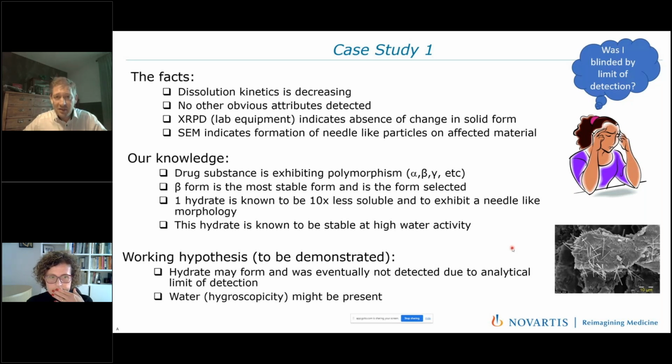But before going into the preventive actions, we need somehow to demonstrate by direct means that the drug product is getting contaminated with the hydrated form. And this is where I took my phone and gave a call to Fabia, asking her if something can be done on the drug product level.